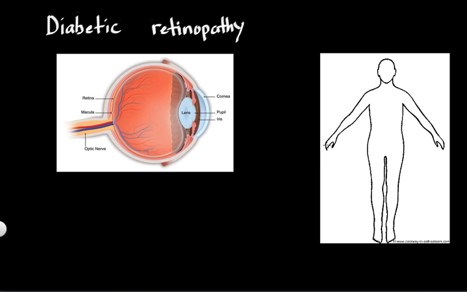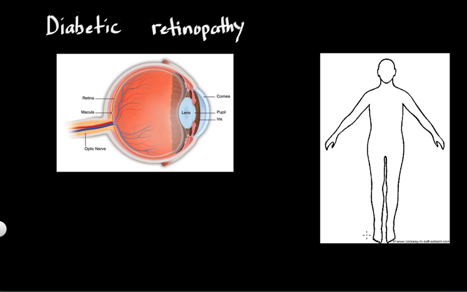Diabetes can be thought of as a disease that affects the blood vessels in the body. Basically, the high sugars in the blood over time can result in damage to the blood vessels in all the organs of the body.